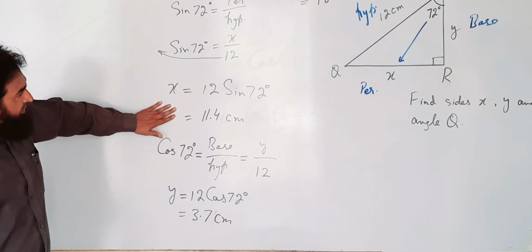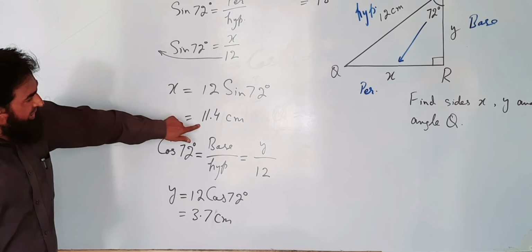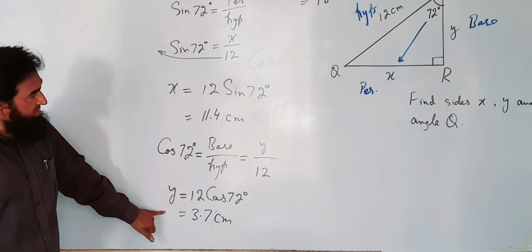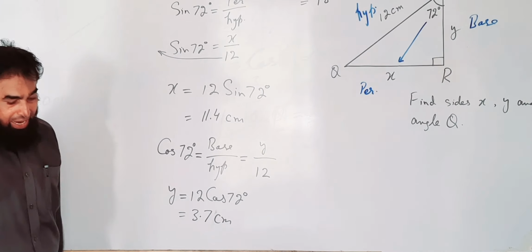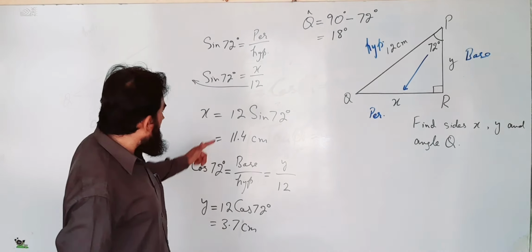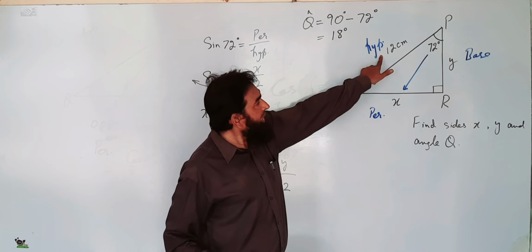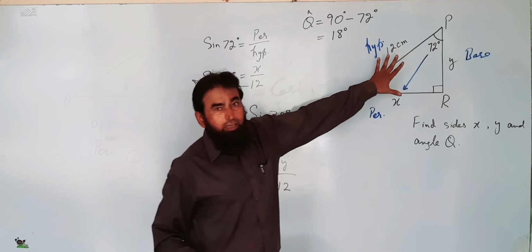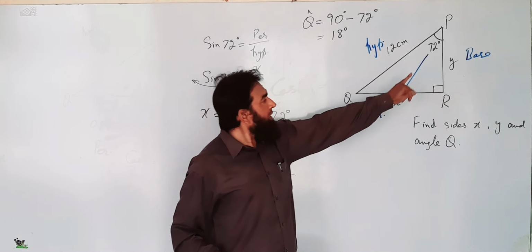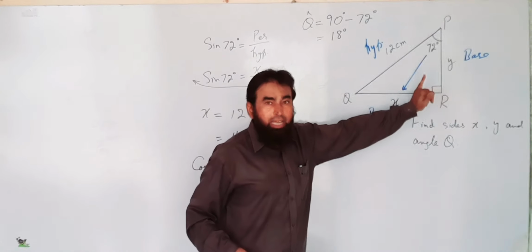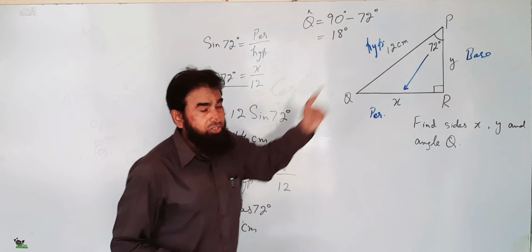So here you can see that this side, which is called the perpendicular, is 11.4 centimeter, and this base is 3.7 centimeter. These two sides are shorter than the hypotenuse. As I told you, in the case of triangles, against the largest angle there will be the largest side.